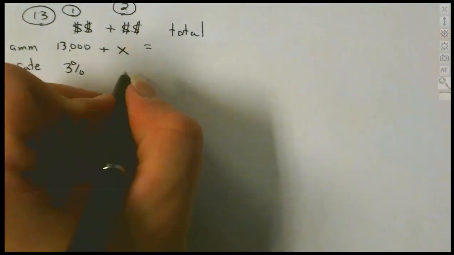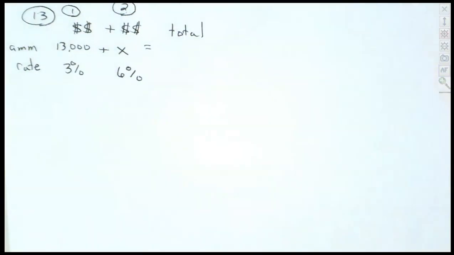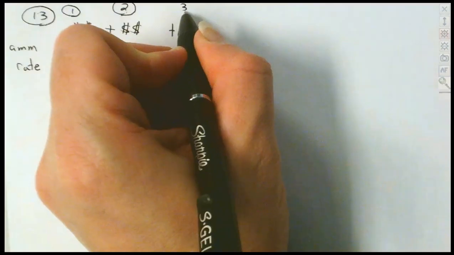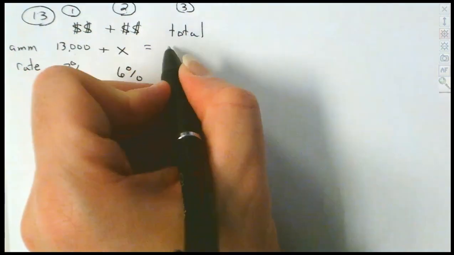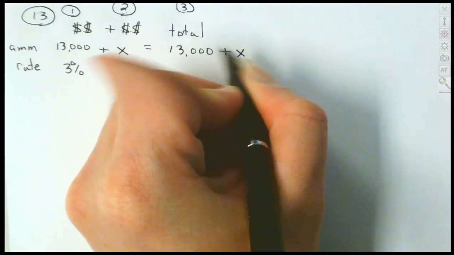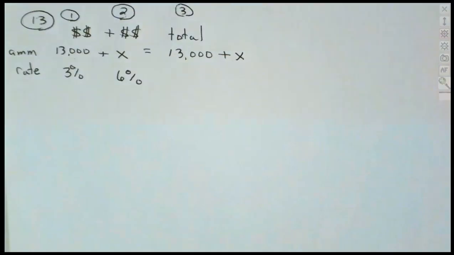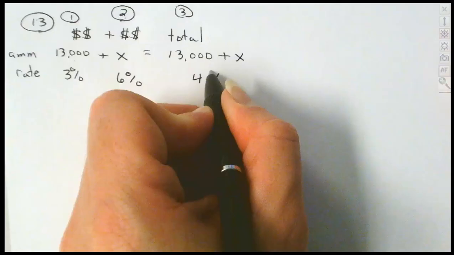It pays 6%. Remember, we add these across to get our total. So adding across here, we get our 13,000 plus X. And then what percentage rate does it pay out? Well, we want it to pay out an average rate of return of 4%.